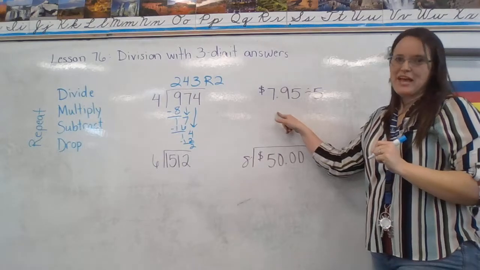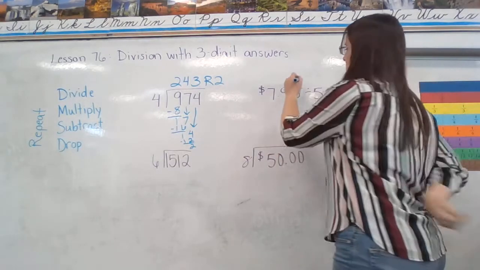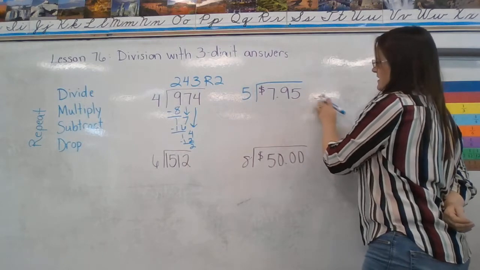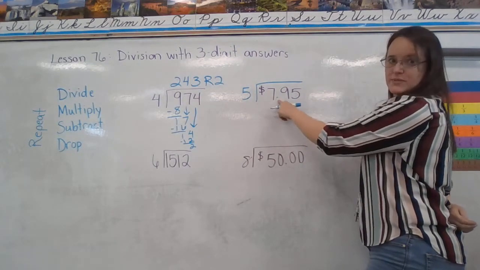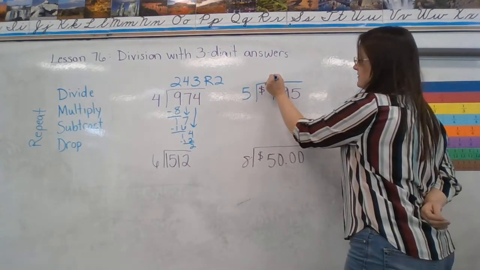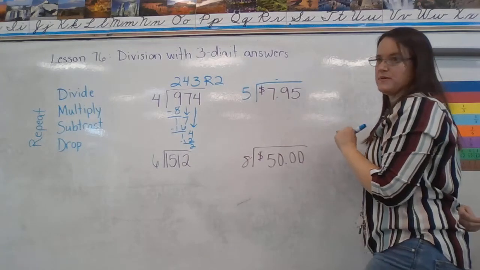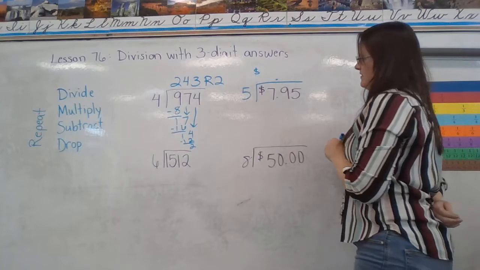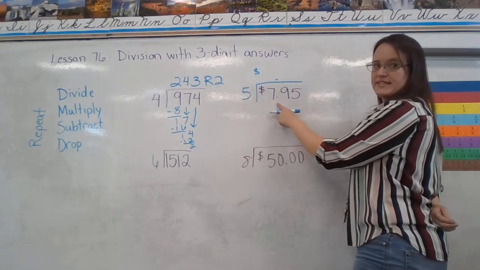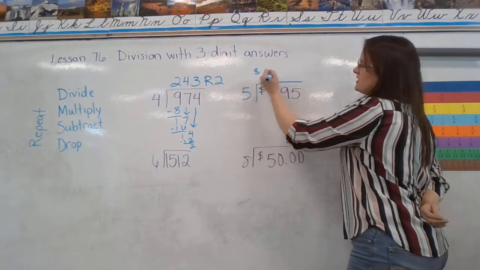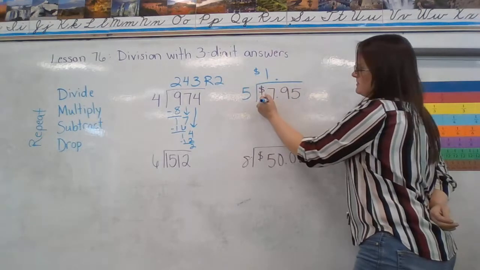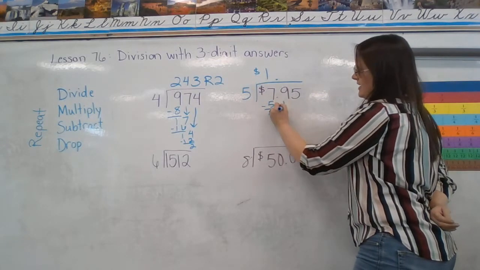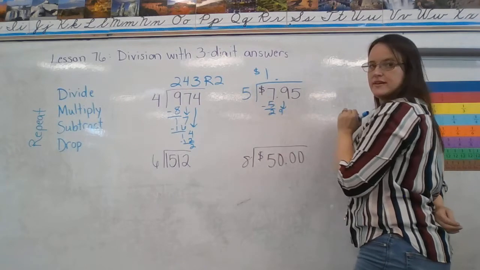This one, I'm not going to leave written like that. I want to give it a house. Divide by 5 that way. And this one has a decimal, so I have to make sure to put that in my answer right away. You might want to put your $ sign in your answer right away as well. How many times does 5 go into 7? Just once. 1 times 5 is 5. Subtract and drop.